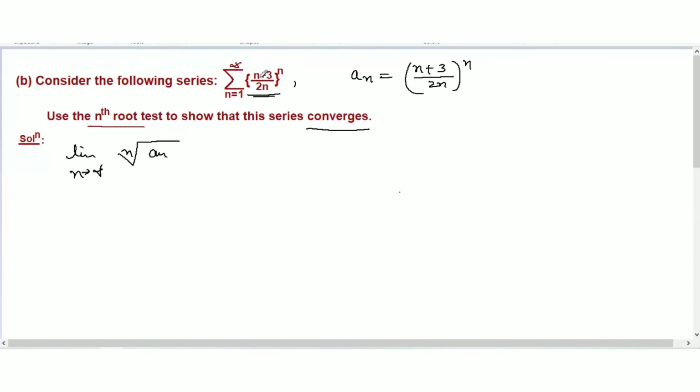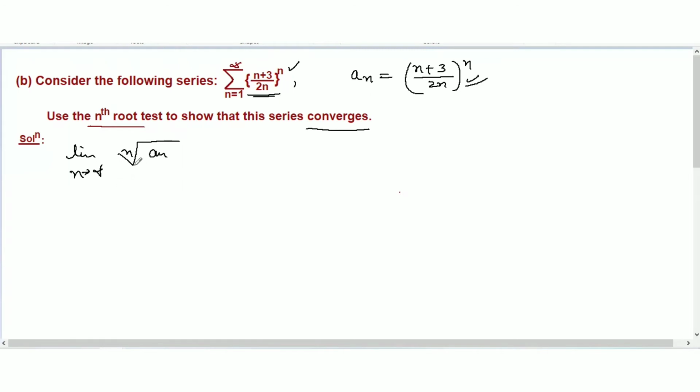We have to take the function out. If you substitute n equal to 1, there will be a different function, then n equal to 2, there will be a different function. So here we are getting a1, a2, a3. So this is the series of function.